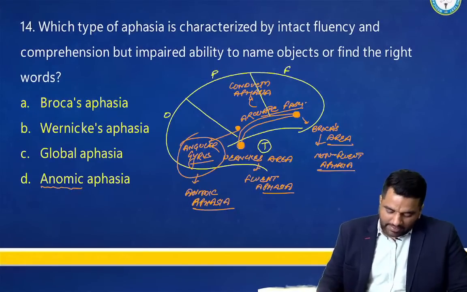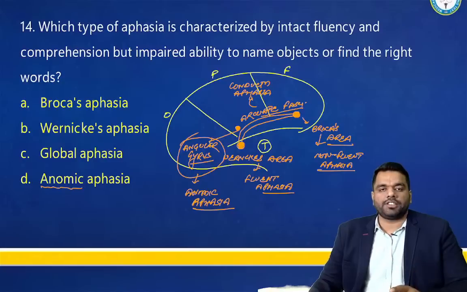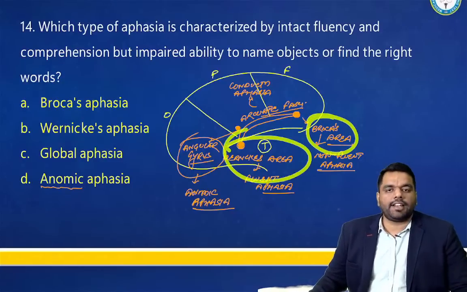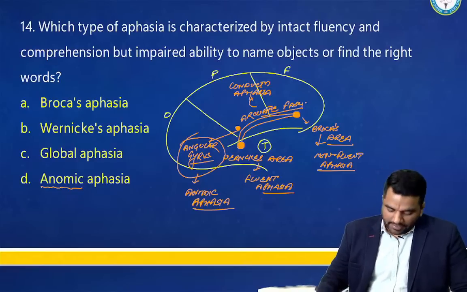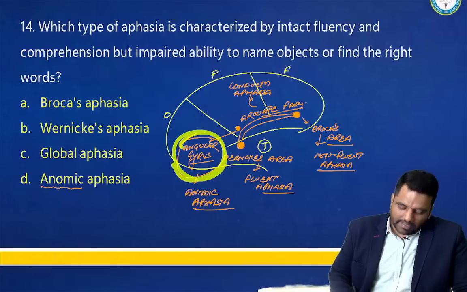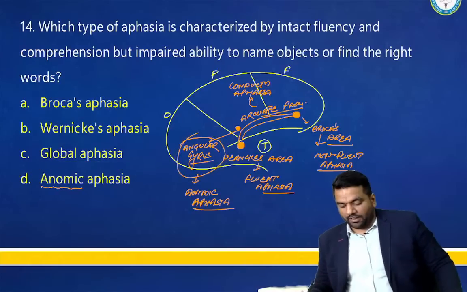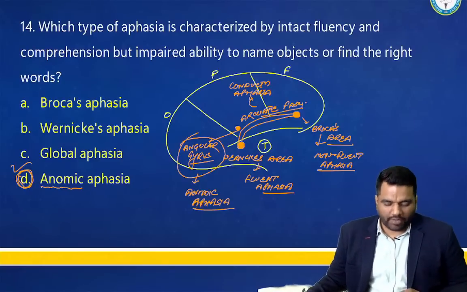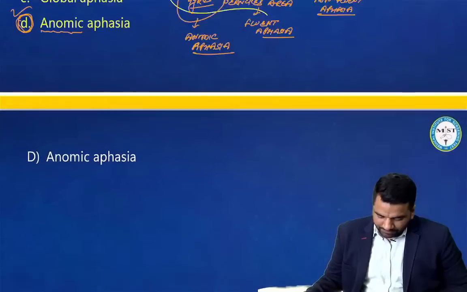The question is asking which type of aphasia is characterized by intact fluency and comprehension, meaning Broca's is intact and Wernicke's is intact, but there is impaired ability to name objects. It means the angular gyrus is damaged, and this leads to anomic aphasia. Right, beta? So the right answer to this question is D, anomic aphasia. I hope now it is easy to understand and remember.